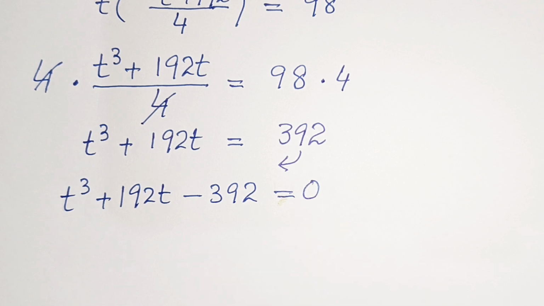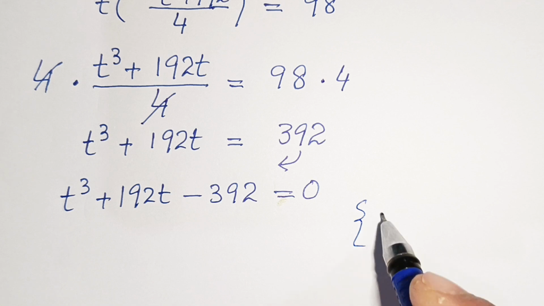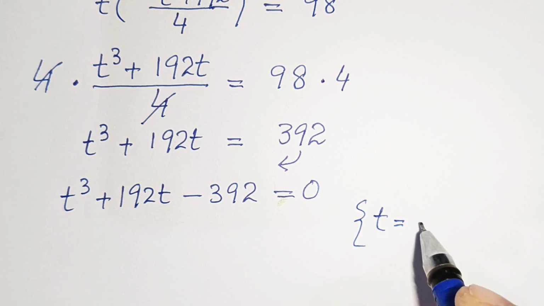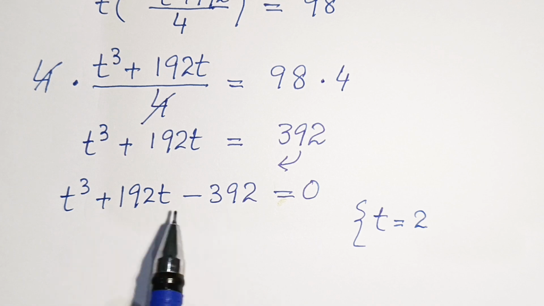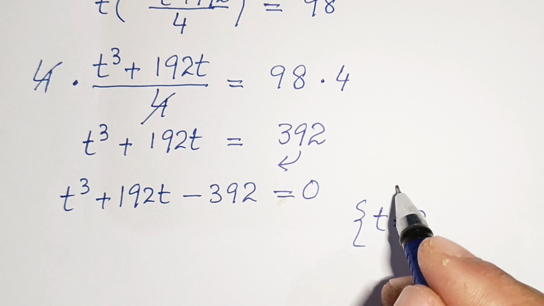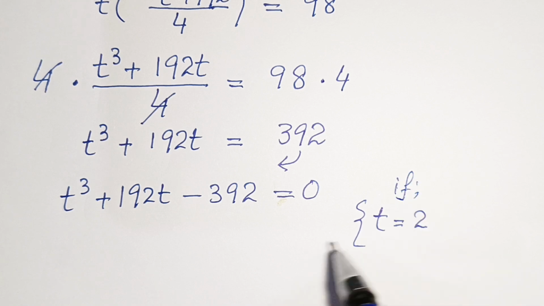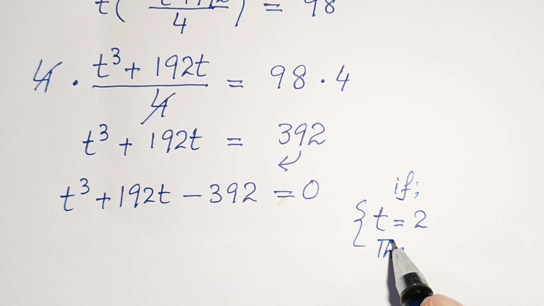Now here actually t is the solution, and the value of t is actually 2, so t is a solution of this equation. Now t minus 2 is a factor. If this one is the solution of this equation, then we have the factor which is t minus 2.